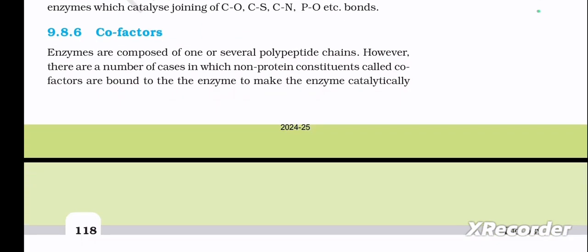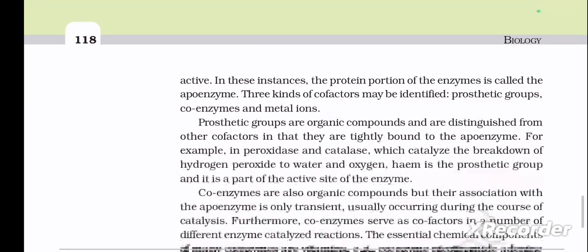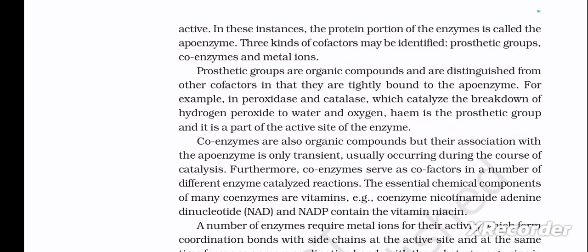Enzymes are composed of one or several polypeptide chains. However, there are a number of cases in which non-protein constituents called cofactors are bound to the enzyme to make the enzyme catalytically active. In these instances, the protein portion of the enzyme is called the apoenzyme. Three kinds of cofactors may be identified: prosthetic groups, coenzymes, and metal ions.